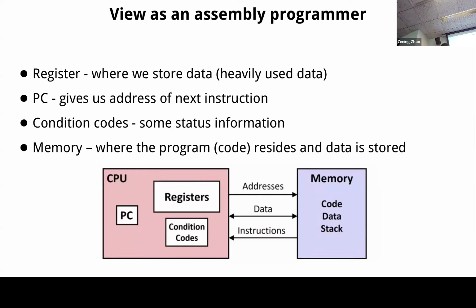In general, you just call it PC, program counter. This register always holds the address of the next instruction to be executed. Then we also have some other registers to store the status of the program or the status of the CPU. There are many special registers for that.